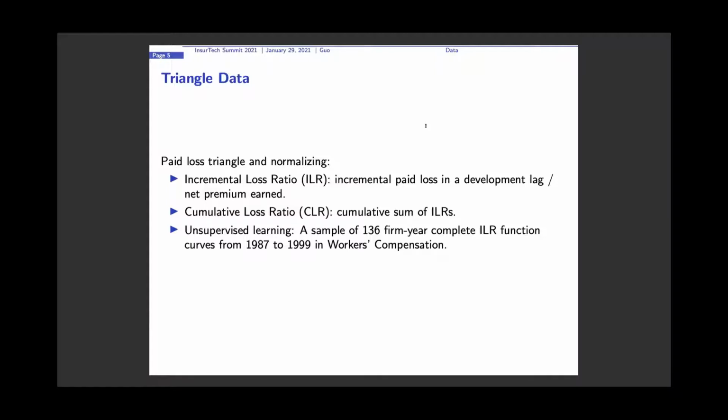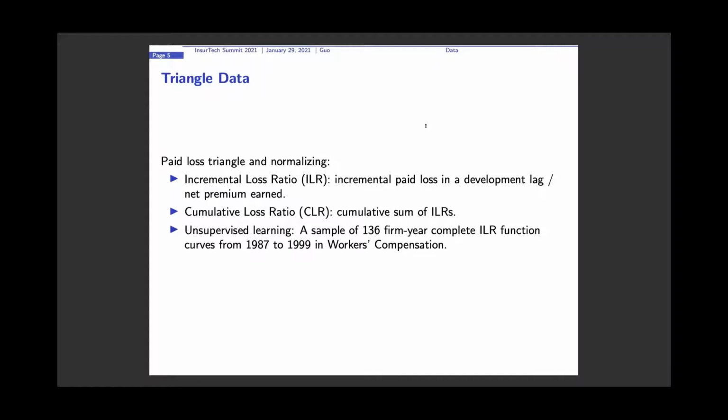Now, first of all, I'm going to show you a few results and visualizations, using a sample of 136 firm years where we have a complete ILR function. So all the ILRs are observed in all of the 10 lags across 1987 to 1999 in workers' compensation.